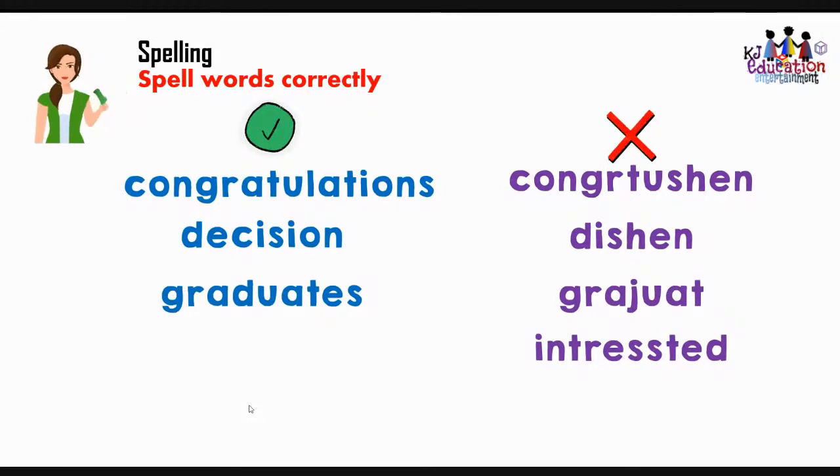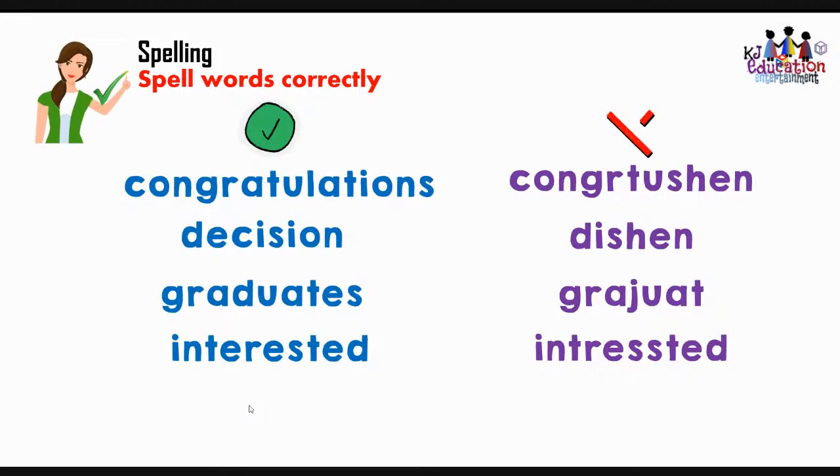This word is always spelled wrongly. So how do you spell interested? Exactly. Interested. As you can see, that is the right spelling. Very good.